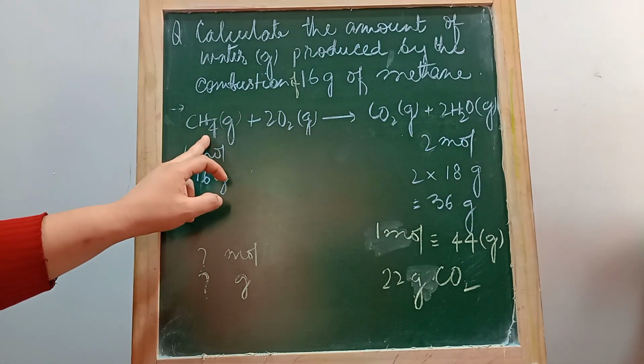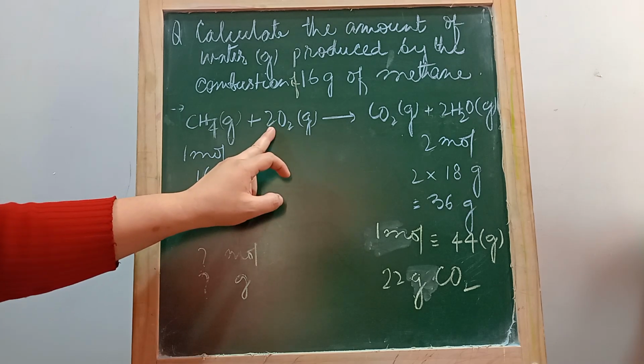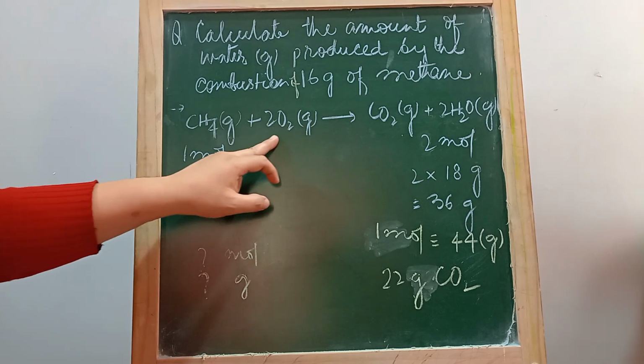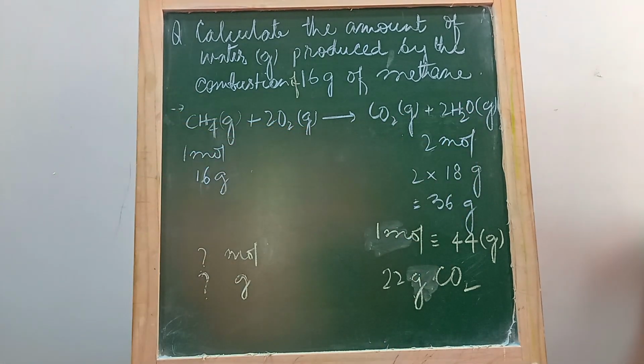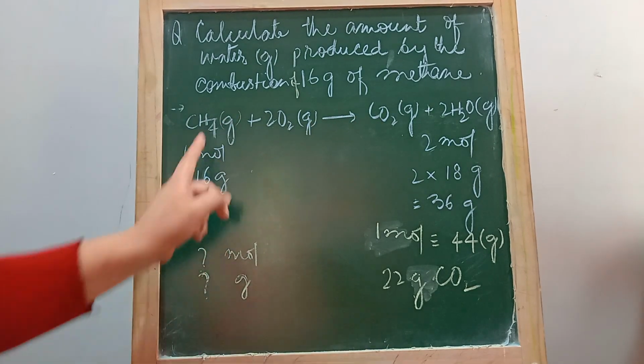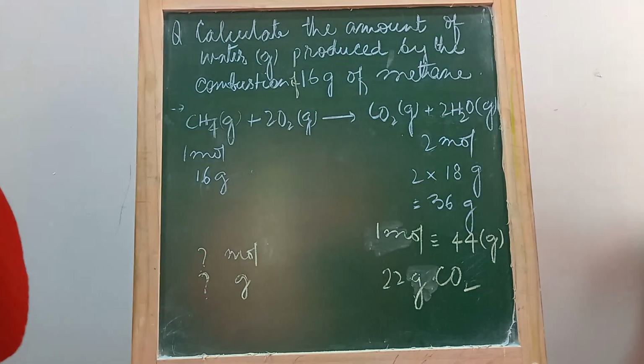Here are 4, and we kept one more coefficient 2 before the oxygen molecule, so the number of oxygen atoms is 4 over here. Here it is 2 plus 2, 4. So we find that the number of atoms are balanced: 1 atom of carbon, 4 atoms of hydrogen, 4 atoms of oxygen, on both the sides.